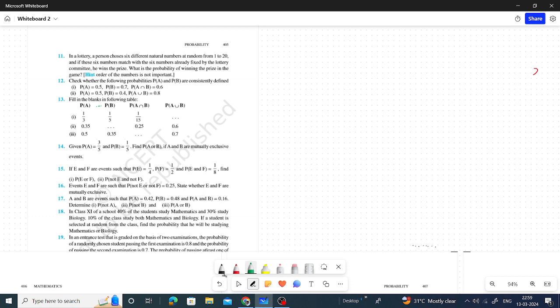Using this formula you can check whether it matches or find out the unknown quantity. Here you want probability of A union B, and all the other quantities are given.